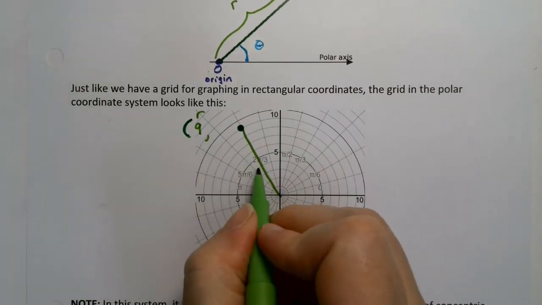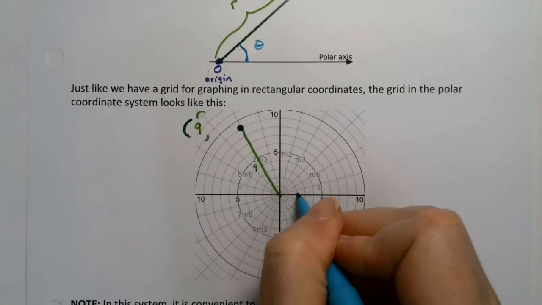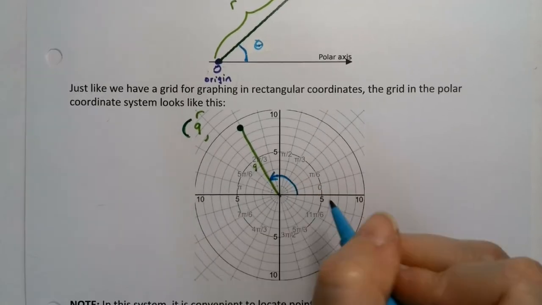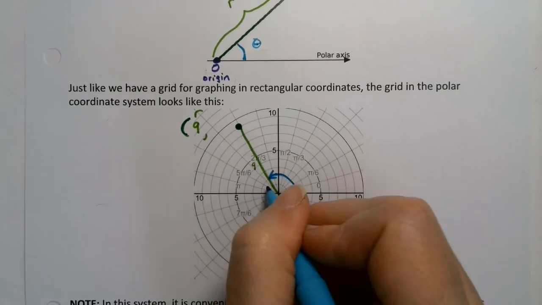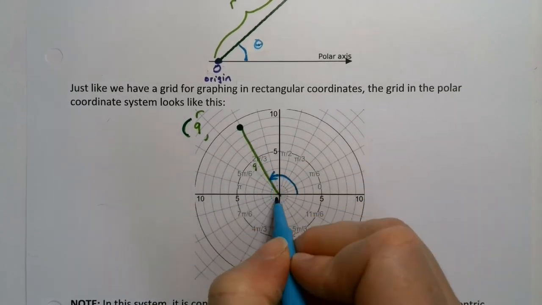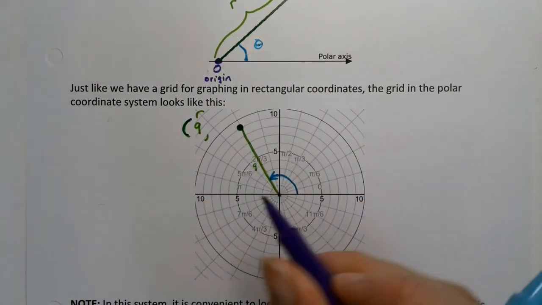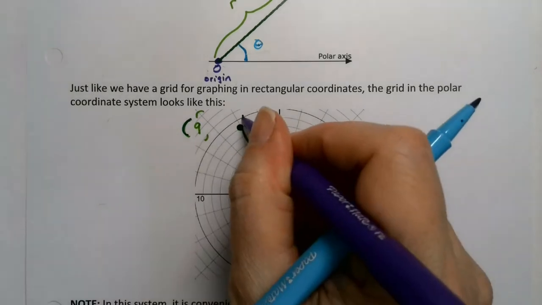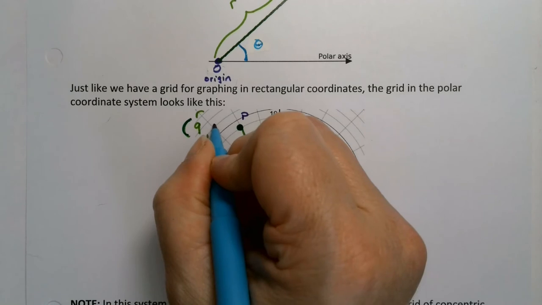So that value right there is 9. And then the angle is the angle that I would form from the positive polar axis right here over to that line segment OP. Here's the origin, here's point P. So from the origin to point P is an angle of 2 pi over 3. So that's my theta.